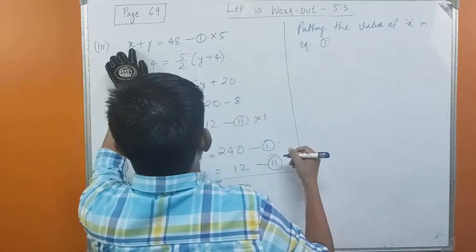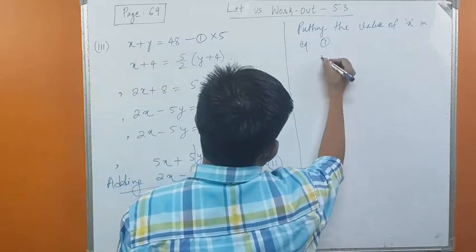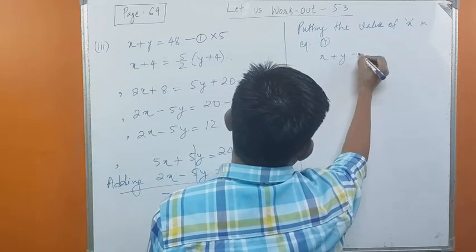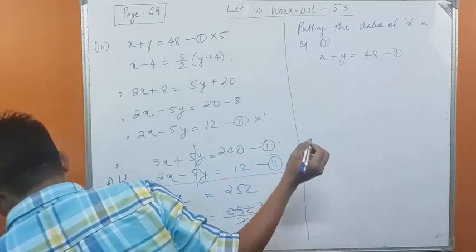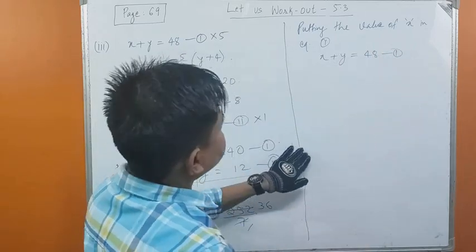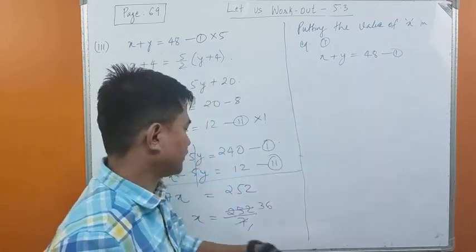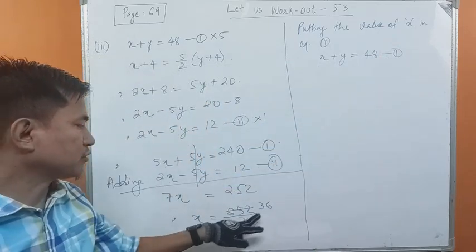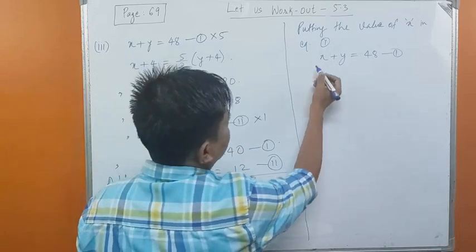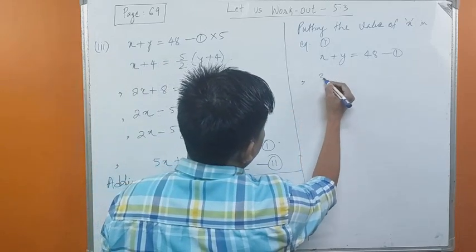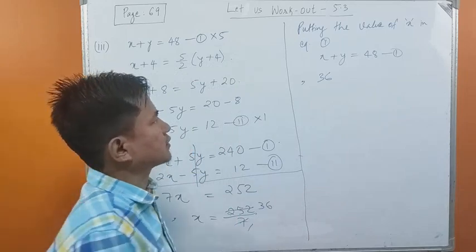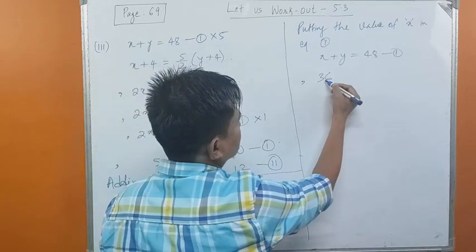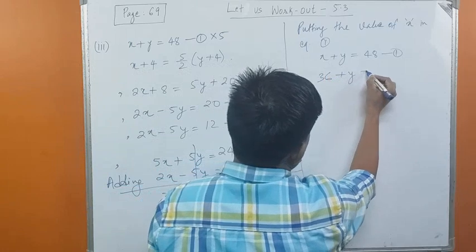Equation 1 is x plus y equals 48. So instead of x, what I do is, x means 36. We found the value of x as 36. So putting the value of x, 36 plus y equals 48.